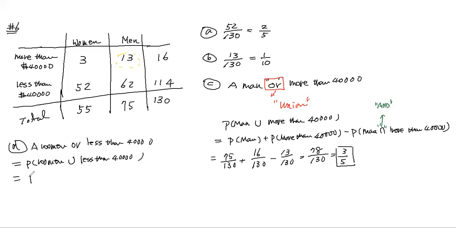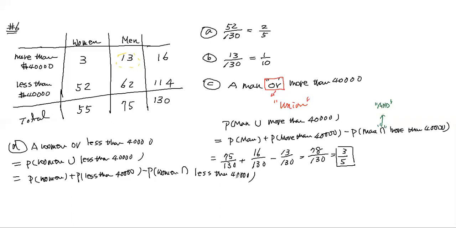So that will be the probability of the woman plus the probability of less than 40,000 minus the probability of the women intersect less than 40,000, right?